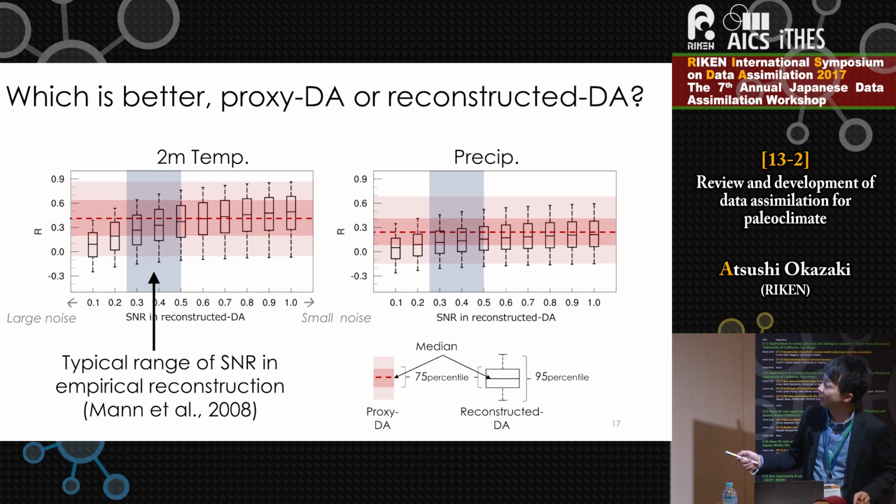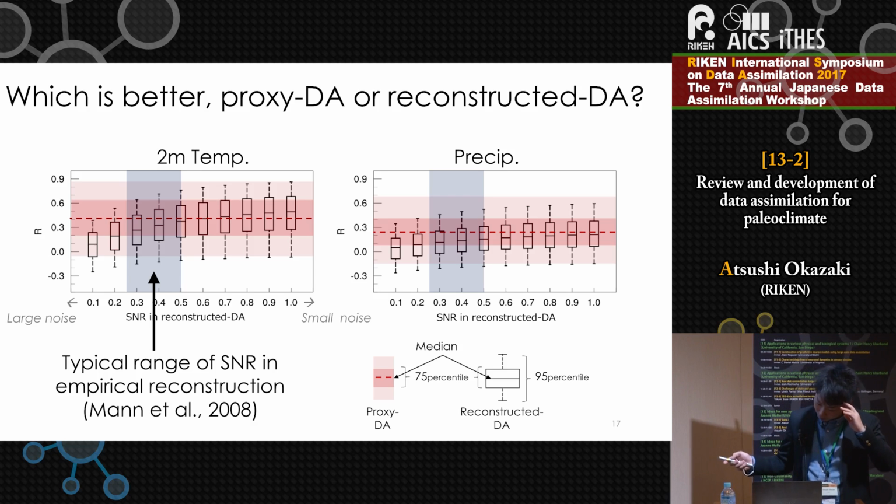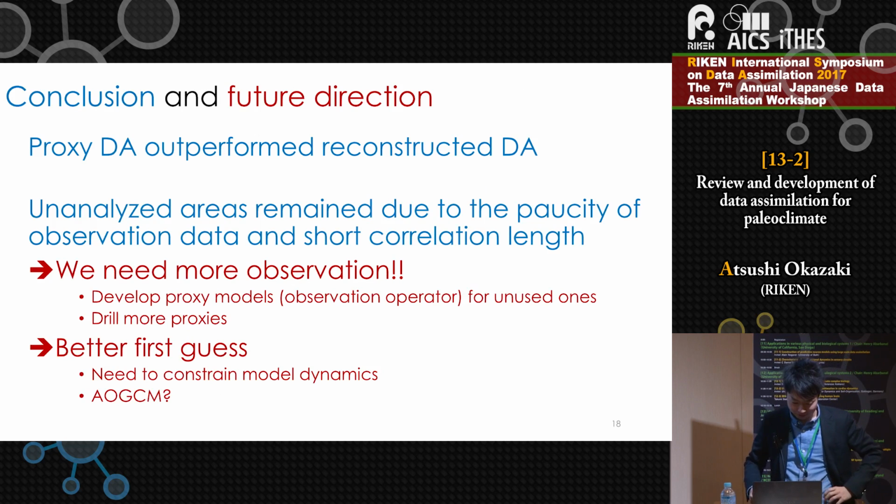You can see that if the SNR is 1, the reconstructed DA does better for temperature. But actually, the typical range of SNR is from 0.25 to 0.5, which means that basically proxy DA is always better. So that is my conclusion. Okay, I should stop here. Thank you very much.